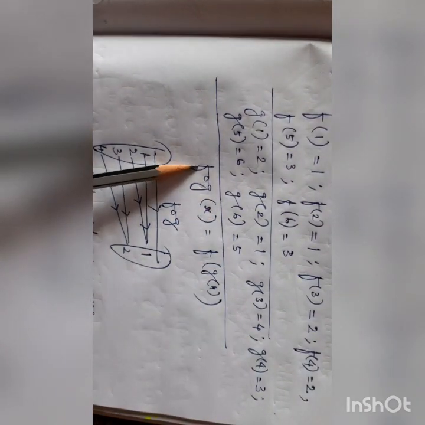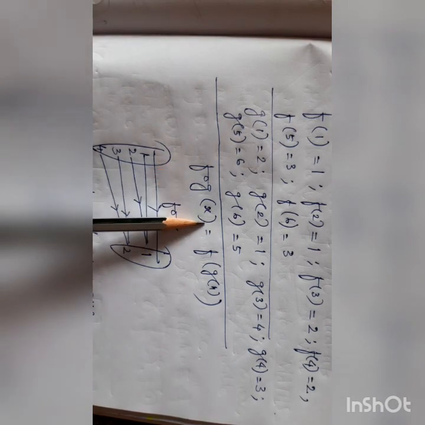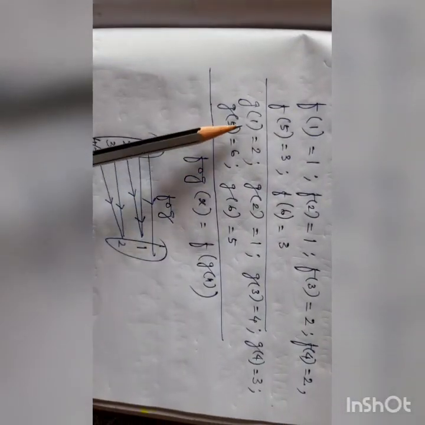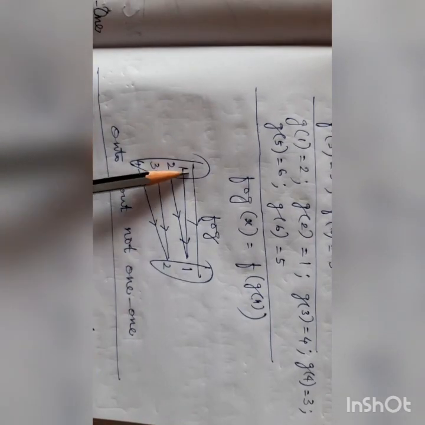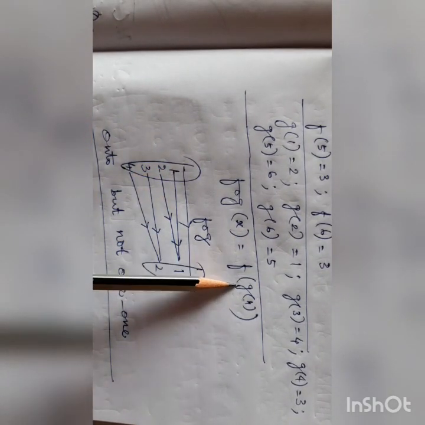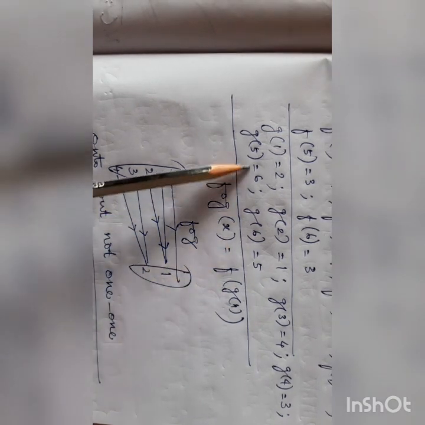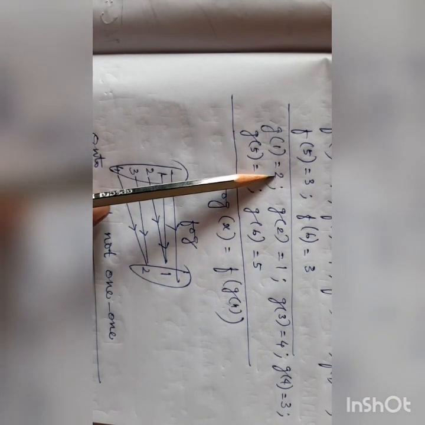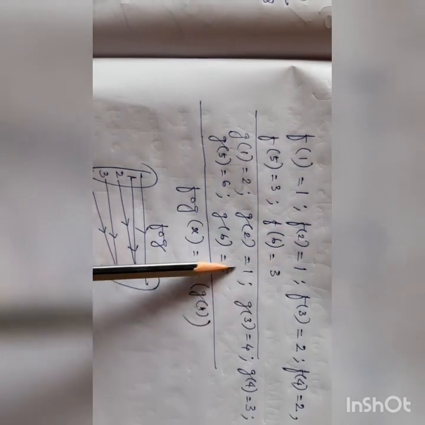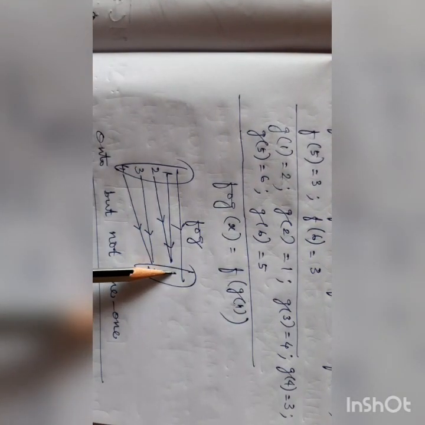Next, f circle g of x equals f of g of x. Suppose we take f of g of 1: g of 1 is 2, and f of 2 is 1.